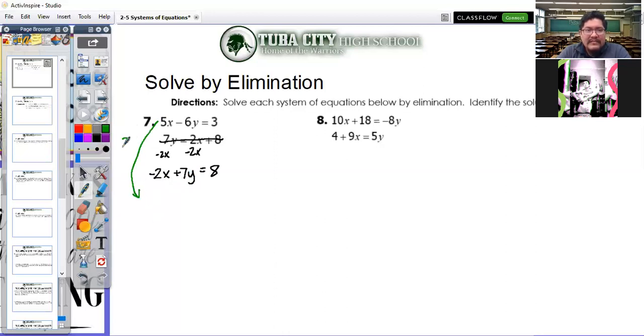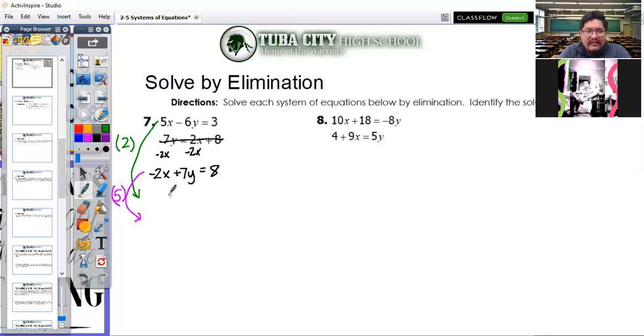So I'm going to multiply this top one by 2, and this one here by 5. And they're already opposite: negative x and positive x. So I don't need to change the signs, which makes it a little bit easier.